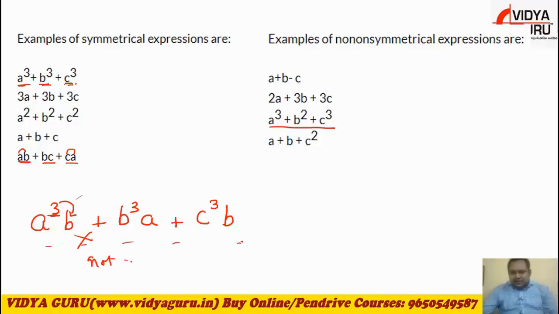Similarly, look here, is this symmetrical? No, because here this is A cube, here it is only a square. So you have to understand which expressions are symmetrical and which are not. In a symmetrical expression, every variable is treated equally and interacts with every other variable in an equal manner.